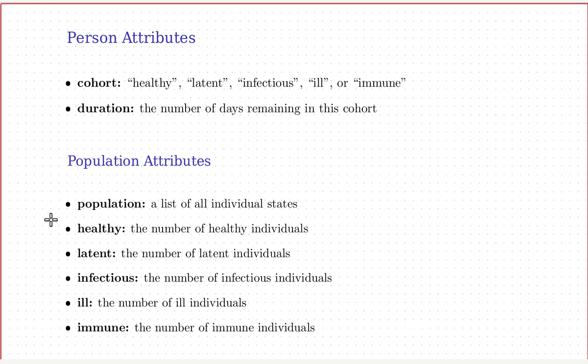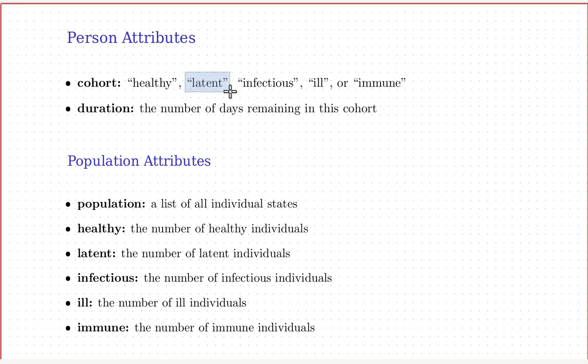Okay, so let's look at the attributes at each level. For an individual person, there are really only two things we have to keep track of. We want to keep track of what cohort of the population they're in: are they healthy, latent, infectious, ill, or immune? And then one other thing is a number that tracks how much longer they will be in that stage of the illness or that cohort. Remember, the person is going to spend a random amount of time in, for example, the latent cohort.